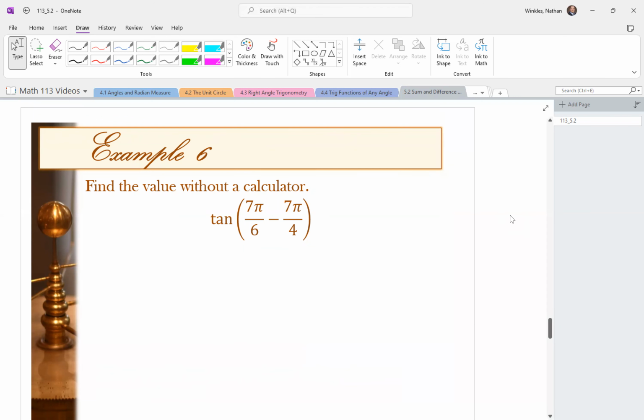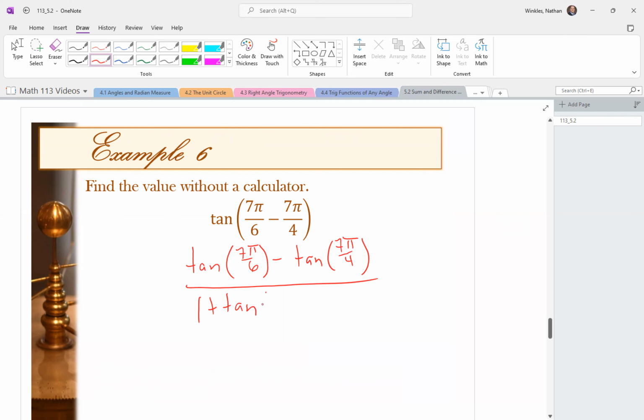So tangent of alpha minus beta is going to be tangent of 7 pi over 6 minus tangent of 7 pi over 4, all divided by 1 plus tangent of 7 pi over 6 times tangent of 7 pi over 4.